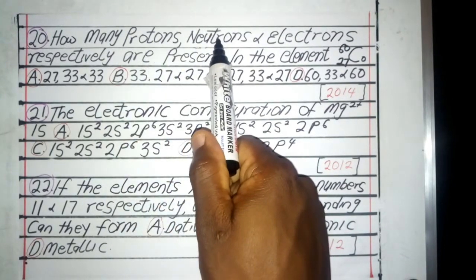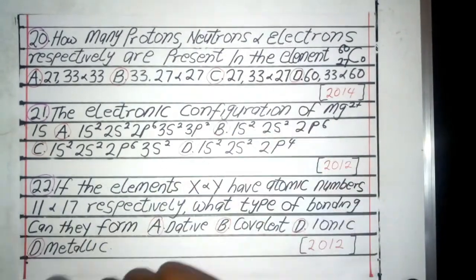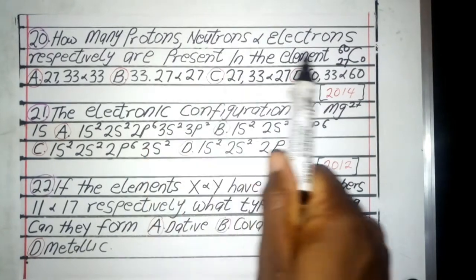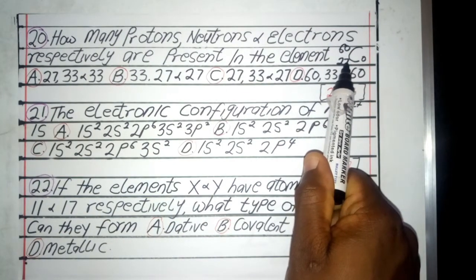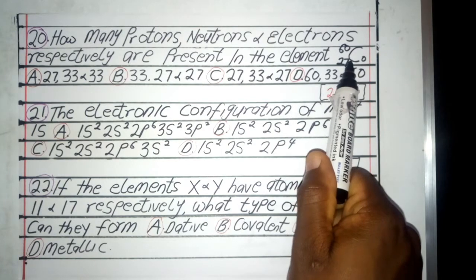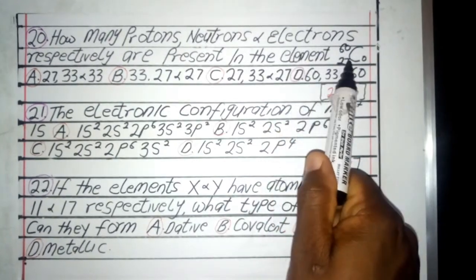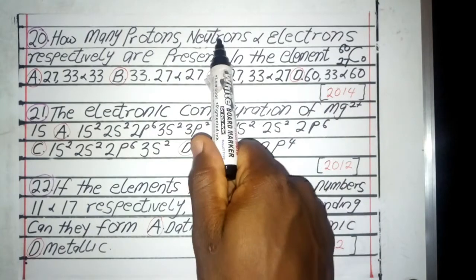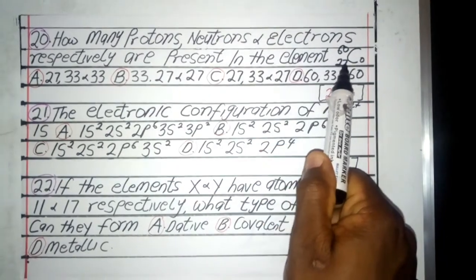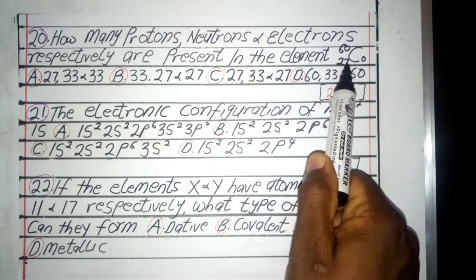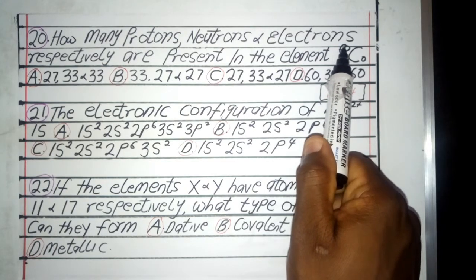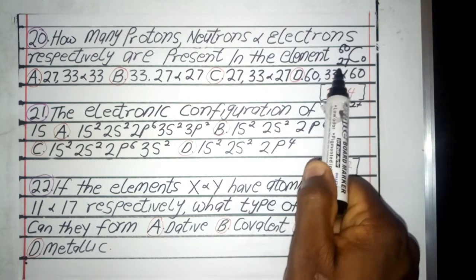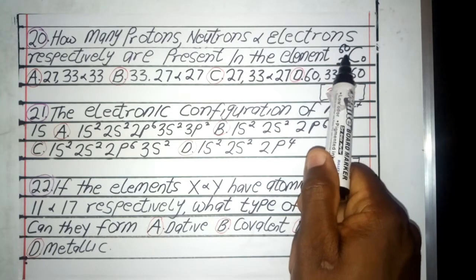First of all, the proton is 27, and the electron is 27. Then for the neutron, you subtract the proton, 27, from the mass number, 60. When you do that, you get 33.